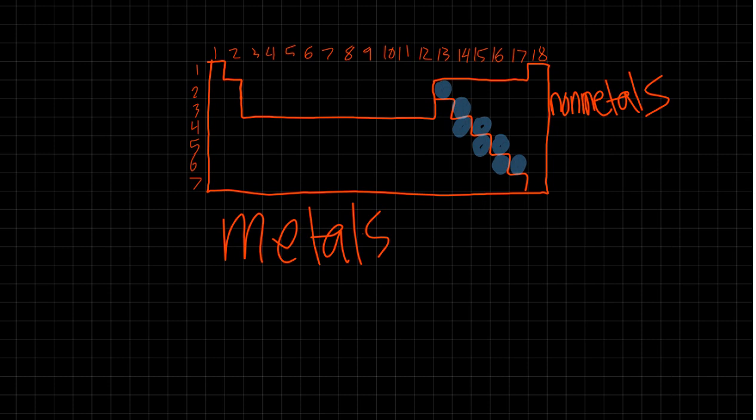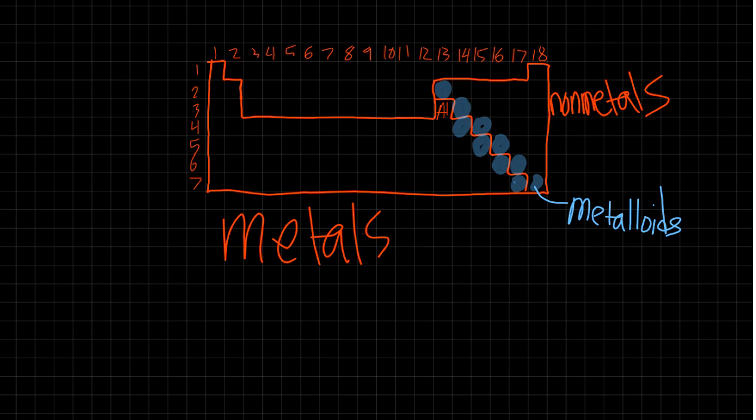That one that I left blank is aluminum, and that is very definitely a metal. So remember, these are the metalloids. So we got the metals, metalloids, and nonmetals.